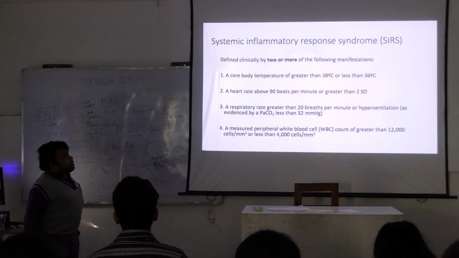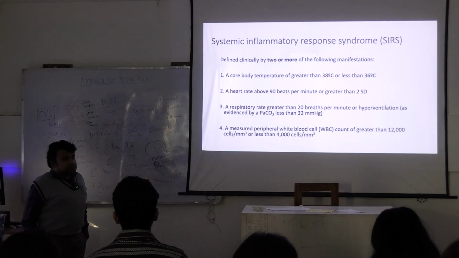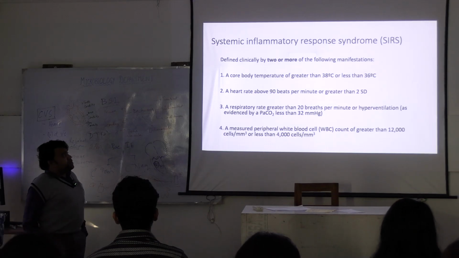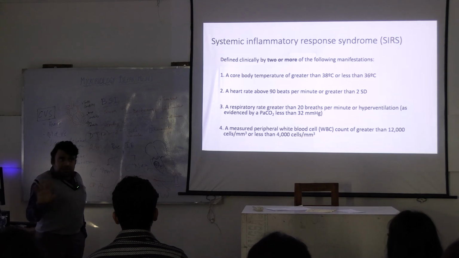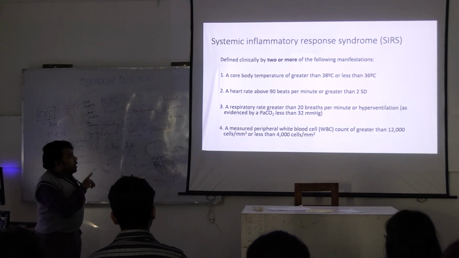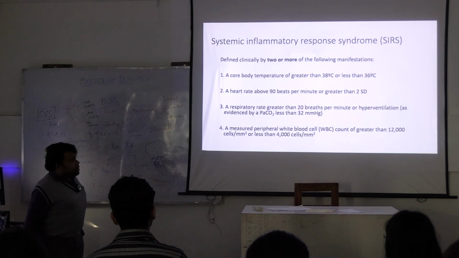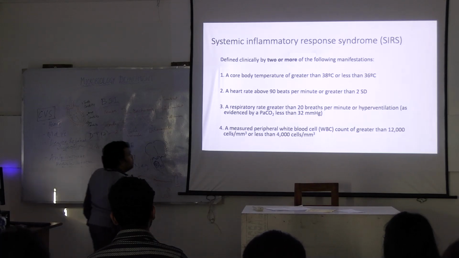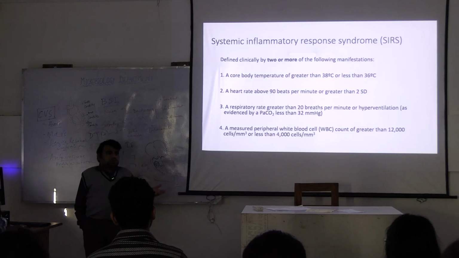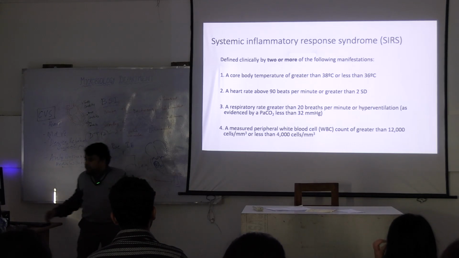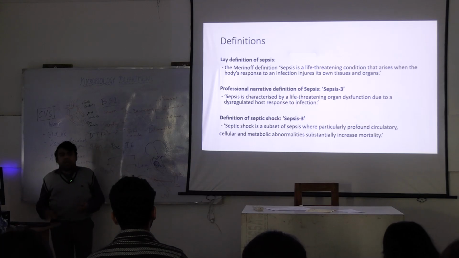Heart rate above 90 per minute, or respiratory rate more than 20 breaths per minute for adults, and a measured peripheral white blood cell count of more than 11 or 12,000 or less than 4,000. That means WBC can increase or decrease, and this was called SIRS. But now this terminology is no longer used.